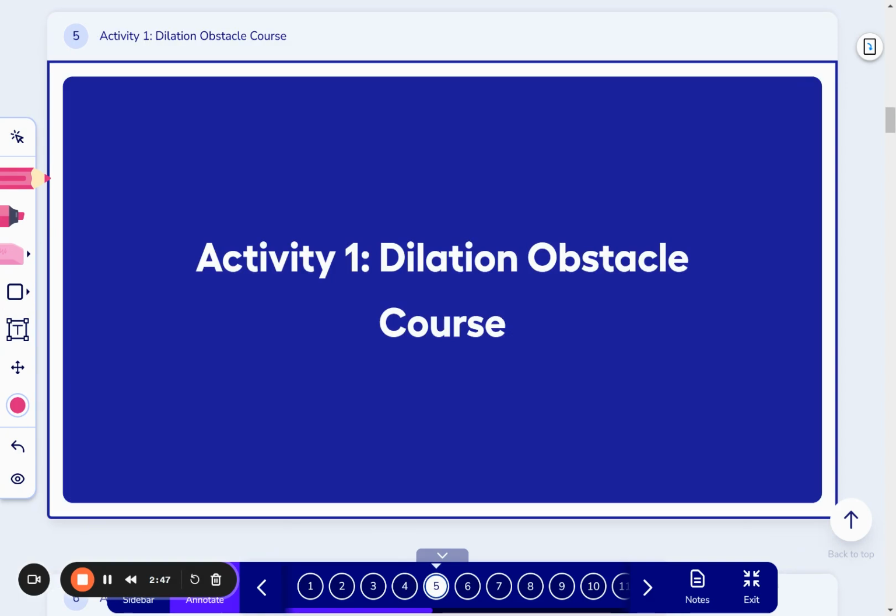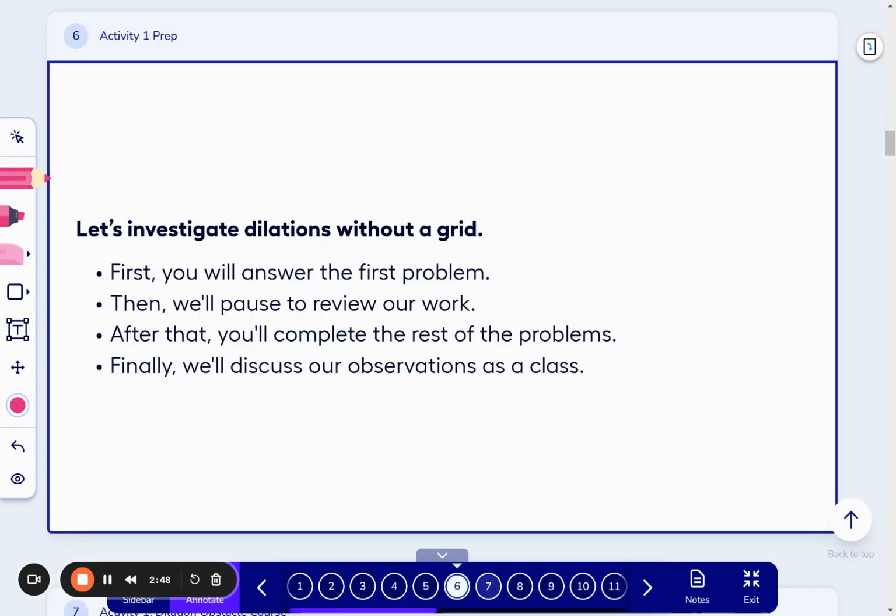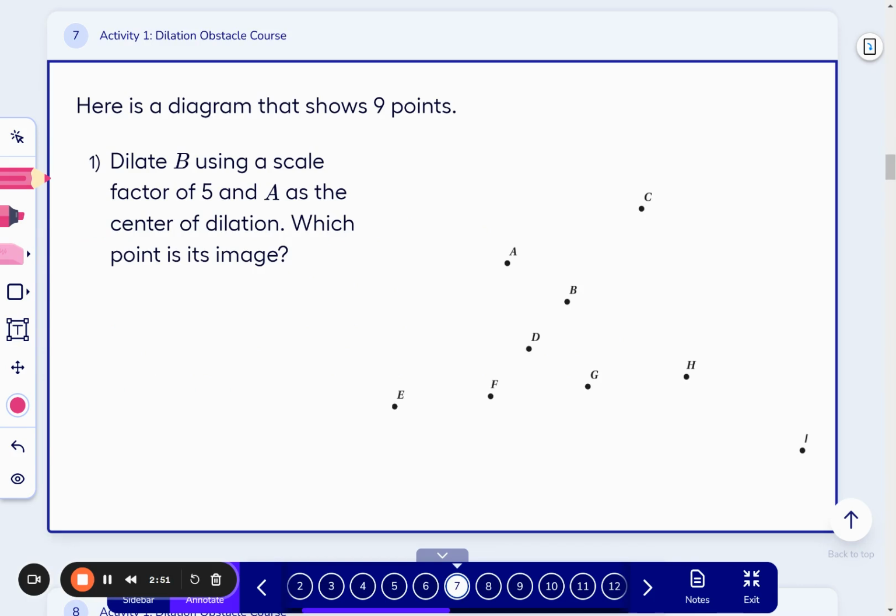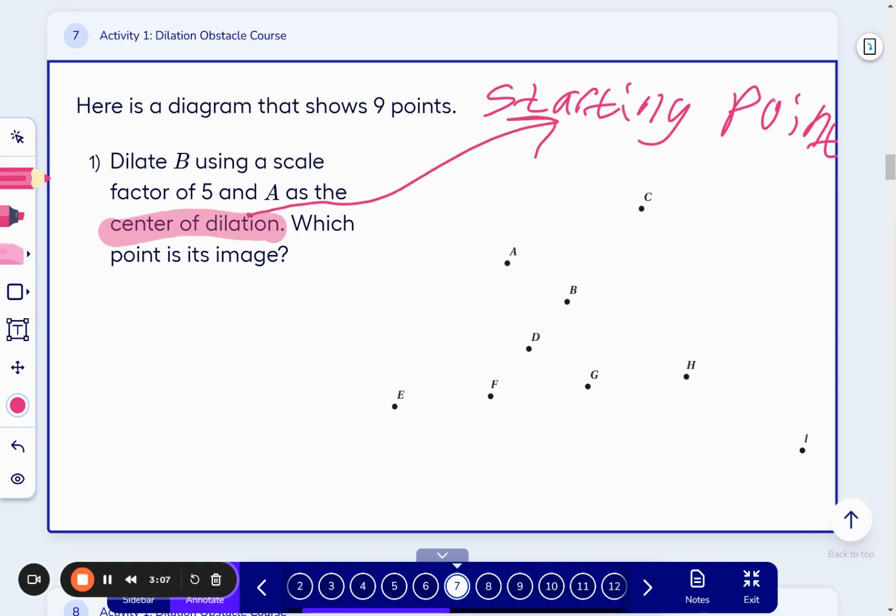All right, let's see this obstacle course. What do we got here? What we're going to be looking for is what is called the center of dilation. That is a fancy word for starting point. That means you're going to start there.